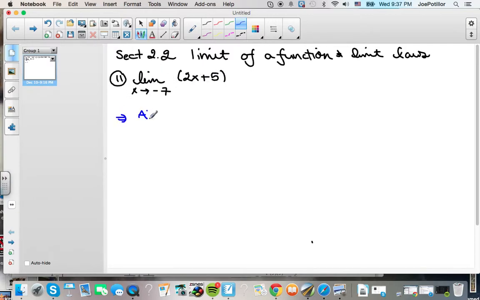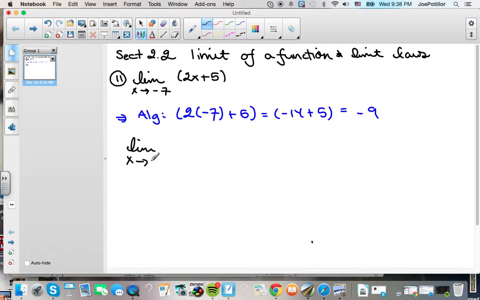So we do the algebra of 2 times negative 7 plus 5, which is negative 14 plus 5, which is of course negative 9. So from here, the limit as x approaches negative 7 of negative 9, the limit of a constant is a constant, so thus getting us negative 9.